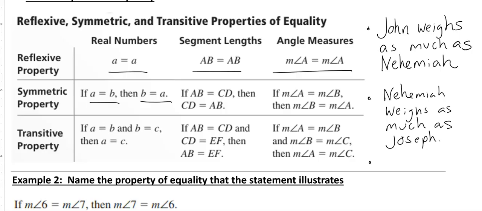They're all the same. So this property looks a lot like something we've already made. John weighs as much as Joseph. So now let me write this out in math style, okay? Be nice if buttons would work. It would be so amazing, but not today.